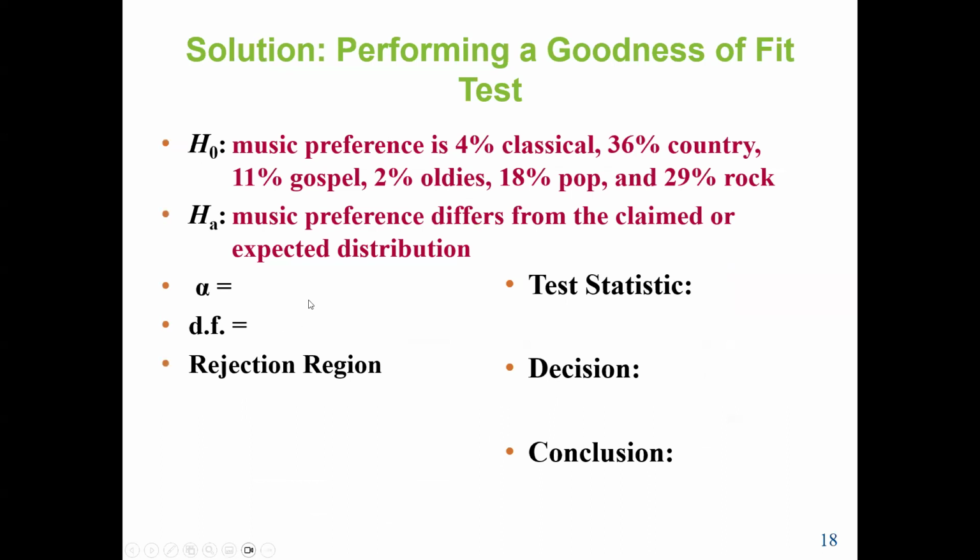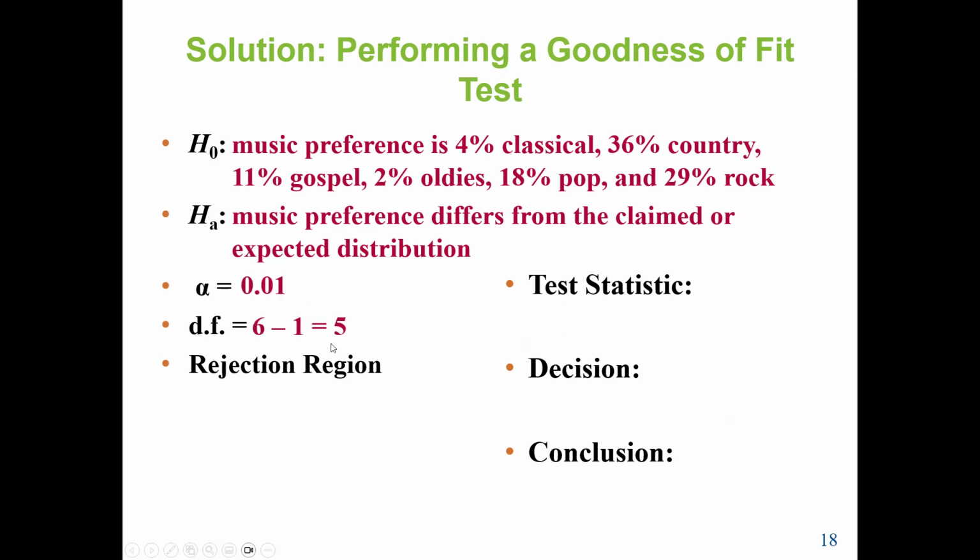These are the steps to solve, or here we say performing a goodness of fit test. Again, the same example. Our claim is we have 6 different categories of songs, with 4% listening to classical, 36% country, and rock is 29%. As we said, HA always goes against H0. So the music preferences will differ from the claim or the expected distribution.